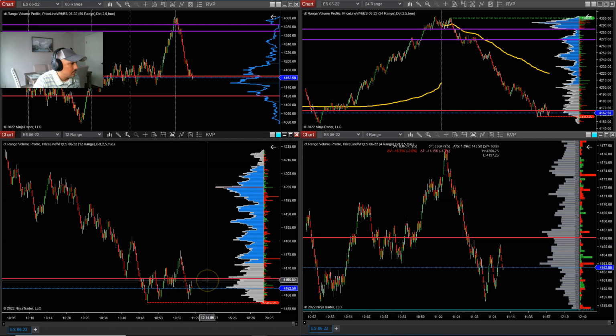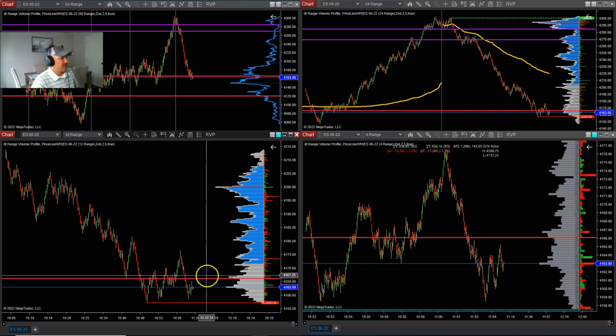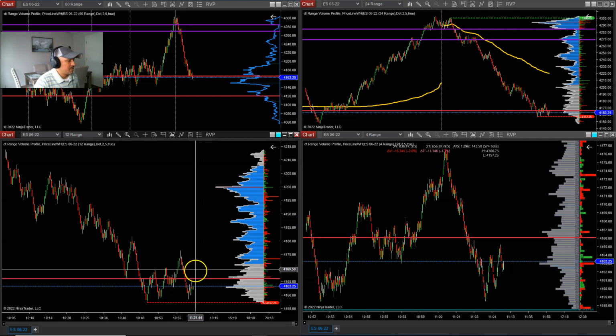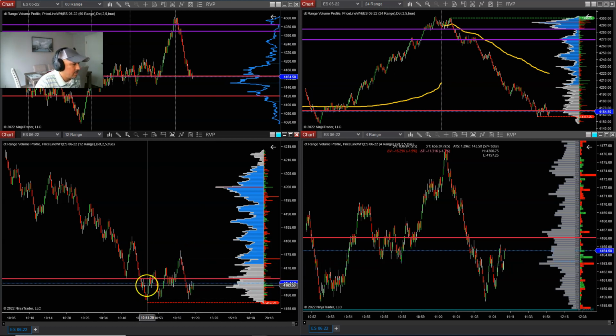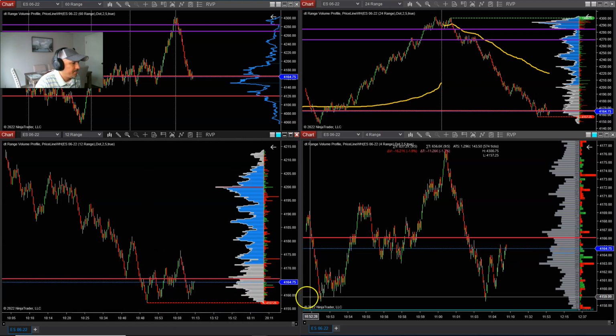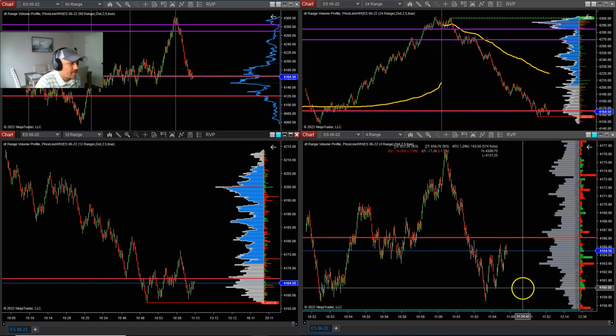See if it's going to push lower, if it's going to try to push up now. It's moving sideways. Got a little high here, a low here. Wedging in this area, this high volume area. Maybe it's going to try to break higher.